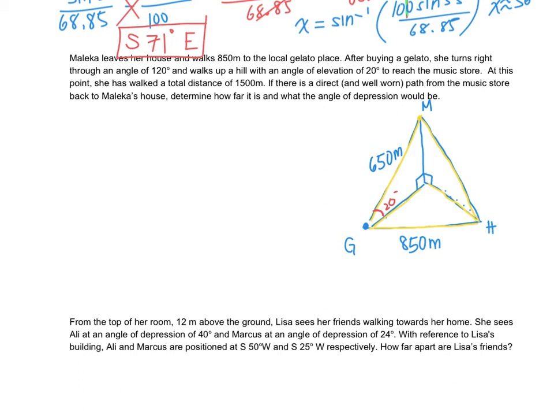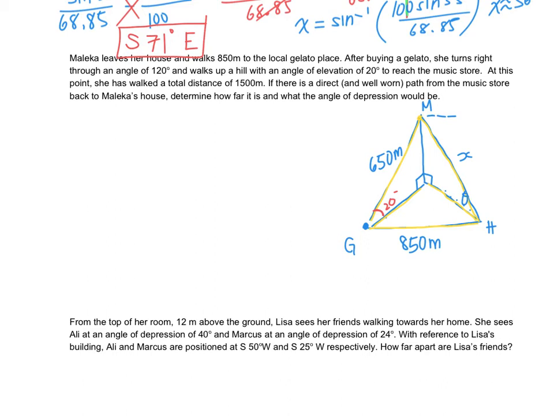Our goal is to determine how far she is from her house, so I'll label that X, and the angle of depression from the music store to her house. You have to imagine there's a horizontal line here, and if I Z pattern it from here down here, this is the angle in the triangle that I want. I'm going to label that theta.